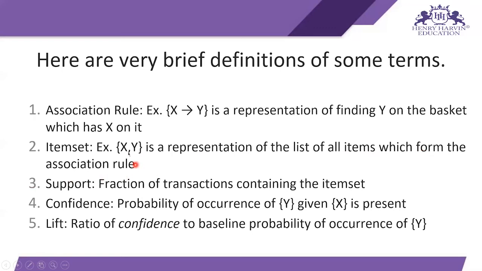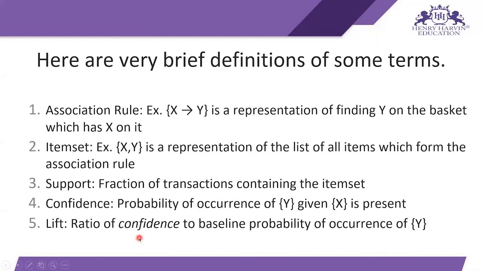When we consider two items at a time, we say that it is an item set. Support is the fraction of transactions containing the item set, meaning out of the total number of transactions, how many people buy this item set. Confidence is the probability of occurrence of Y given X is present, so how many chances that a person buys Y when X is already present.